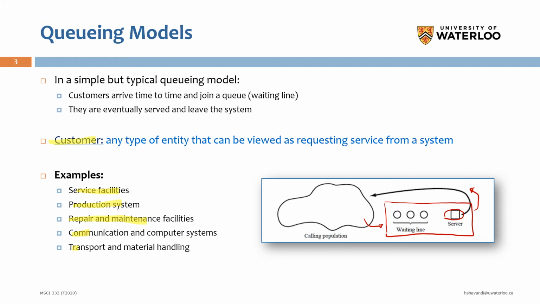If you remember, over there we had entities, let's say customers, coming from the outside of the system, and then they would join a queue, a line, and after a while they would receive the service and then leave the system. So this is called in general a service system, and we have queuing systems or queuing models to formulate or model these kinds of systems.